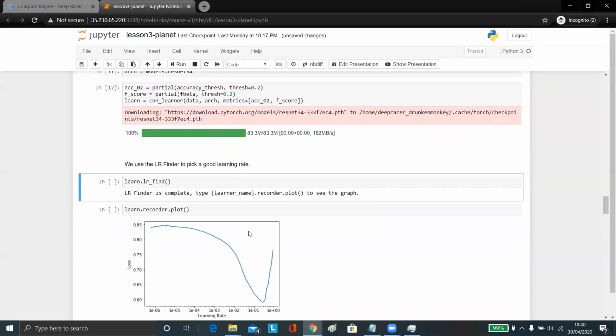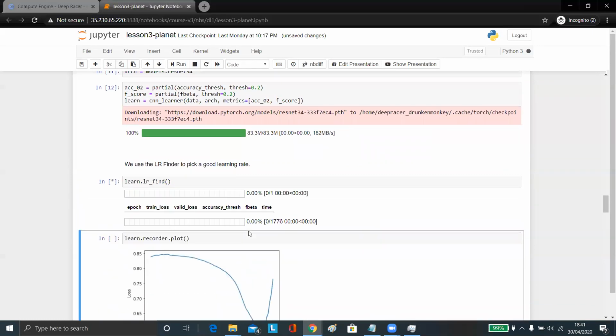Does everyone remember what LR find does? Vaguely. Yeah. Okay. Well, what LR find's doing is it's a bit like H2O AI does, in that it's doing a lot of exploratory hyperparameter tuning. The main hyperparameter that we adjust is our learning rate.